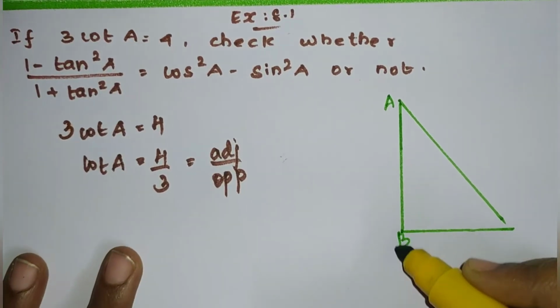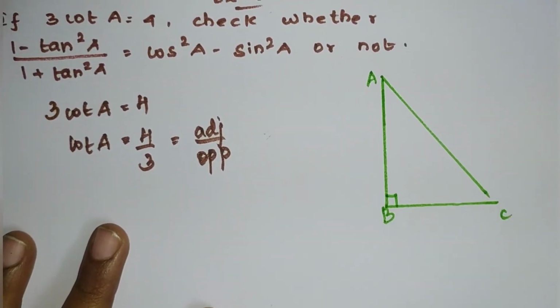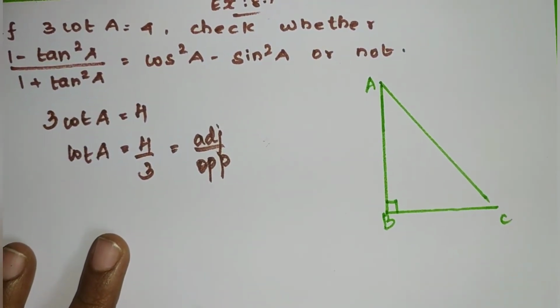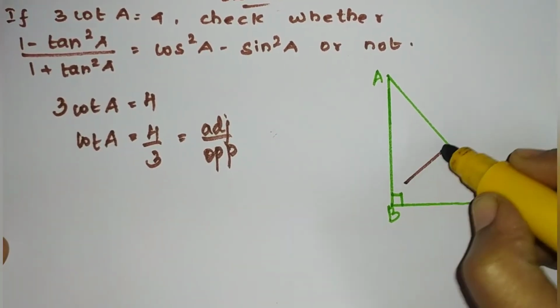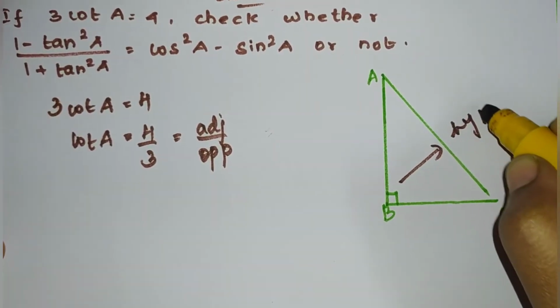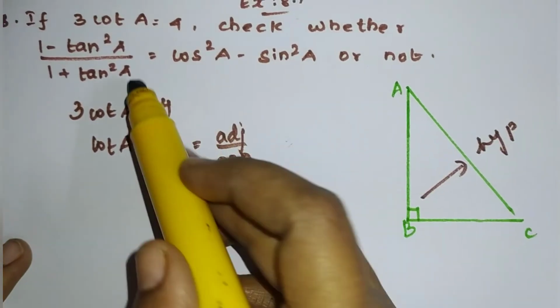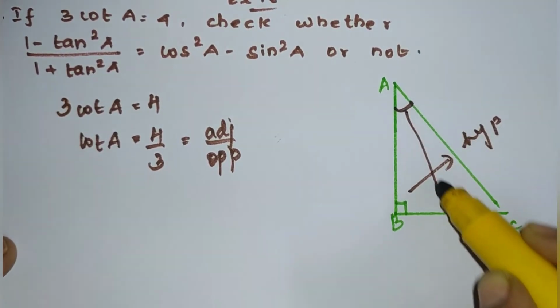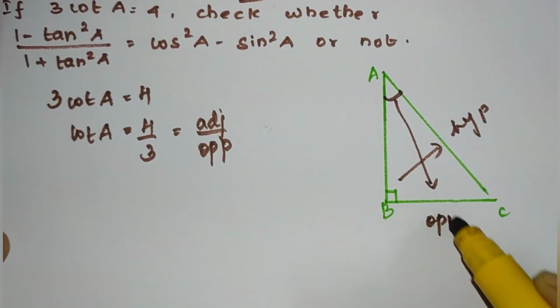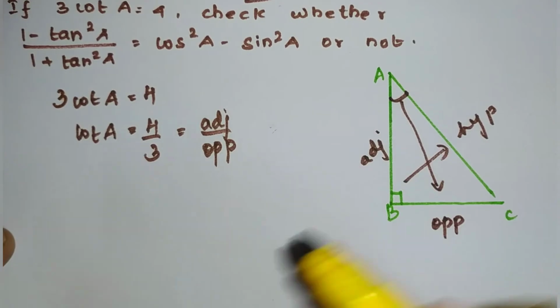A, B, C, and this is 90 degrees. This is the hypotenuse, and for angle A only you have to find everything. So this is opposite and this one is adjacent.